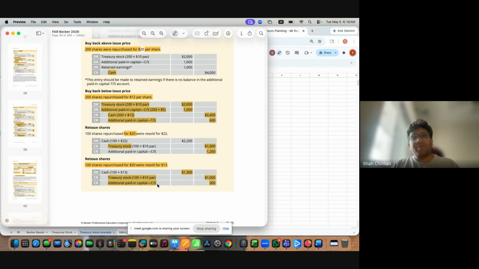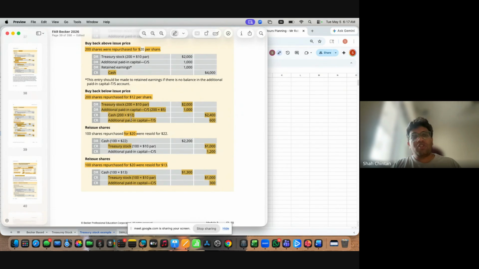So again, what is the difference between both methods? Under the cost method, you treat everything on a current cost basis, and you create one more APIC account for rerouting the transaction. Under the par value method, you treat it as if everything is a new issue of the share or a buyback of the share, and you continue to use your APIC common stock account, unless there is only one exception where you are buying back the shares below the issue price and you are creating a loss for yourself.